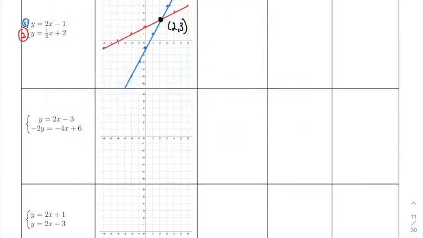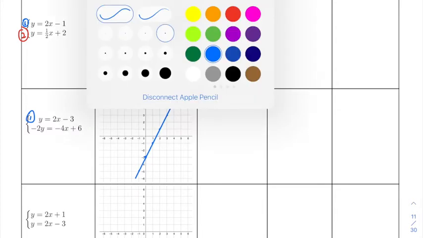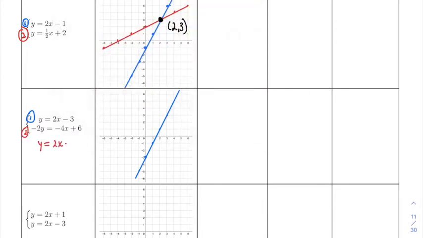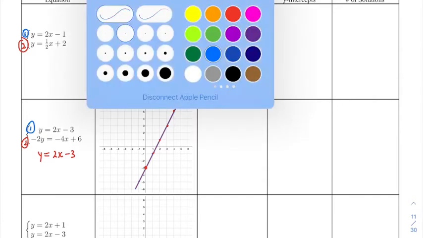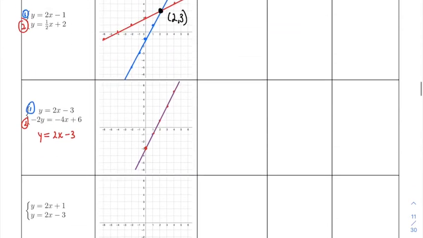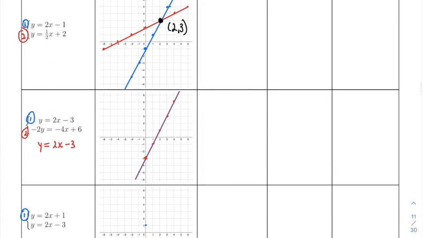All right, I'm going to graph the next one. All right, so let's have a look at this.